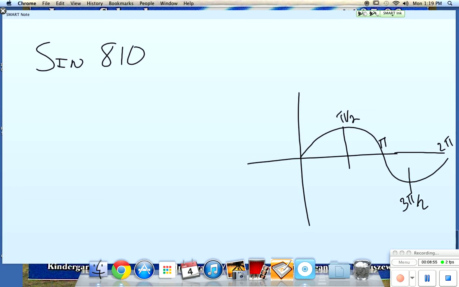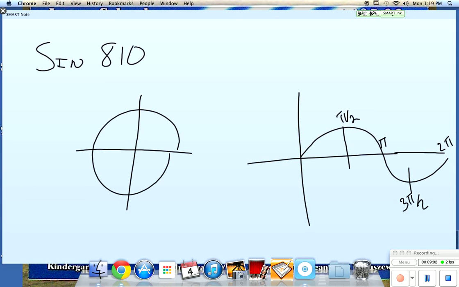And we know that in a circle, which we're going to work off of, this goes around 360 degrees, right? How many 360s can we take out of that? 2. Left with 720, right? 720 degrees. Subtract that from 810. And we're left with 90 degrees. What's the sine of 90 degrees? 1.